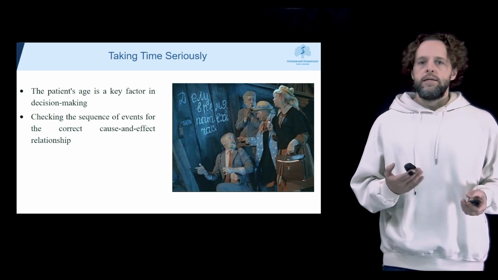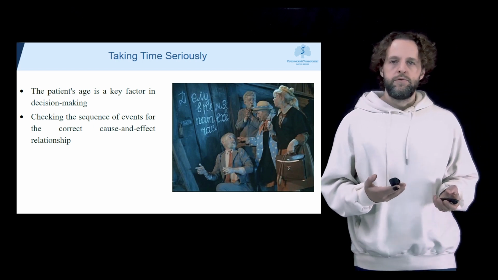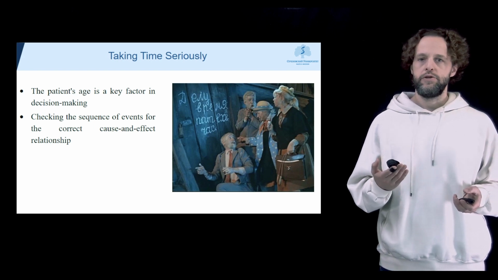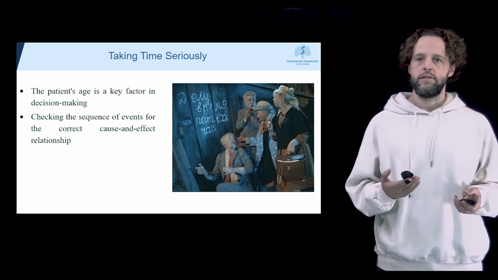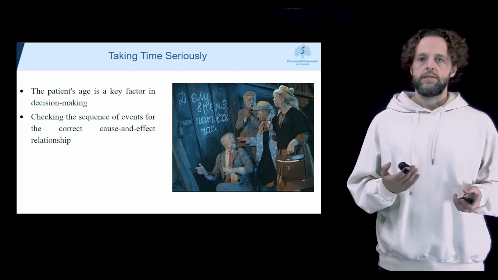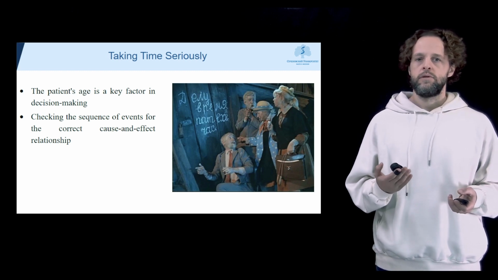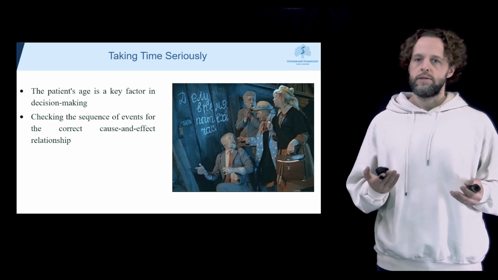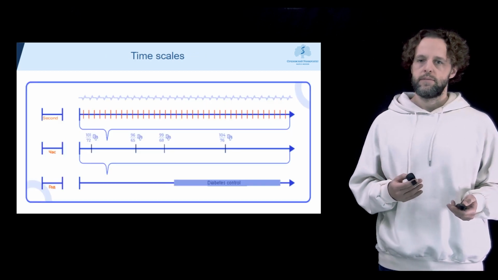So time requires a serious attitude for two main reasons. A patient's age is a key factor in deciding whether to treat them. A correct assessment of cause and effect relationships requires checking the sequence of events.